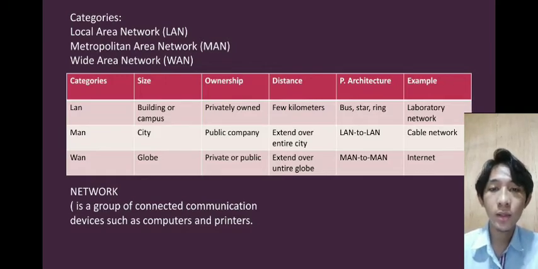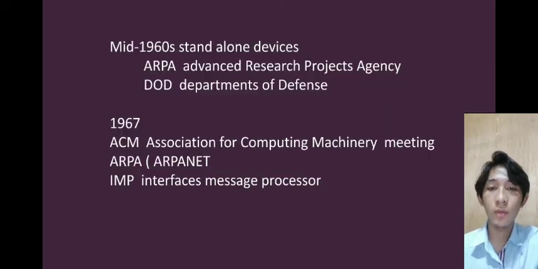Network. It is a group of connected communication devices such as computers or printers. Mid-1960s. Stand-alone devices. ARPA, or Advanced Research Projects Agency, DoD, Department of Defense. In 1967, ACM, or Association for Computing Machinery meeting.